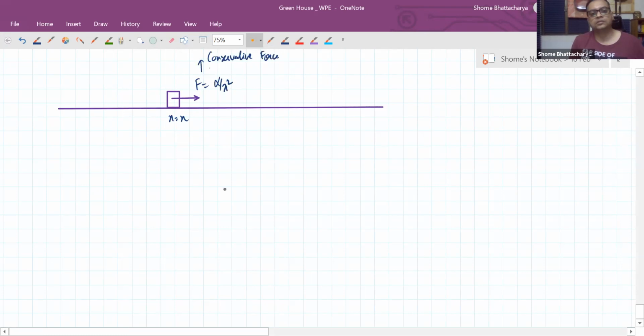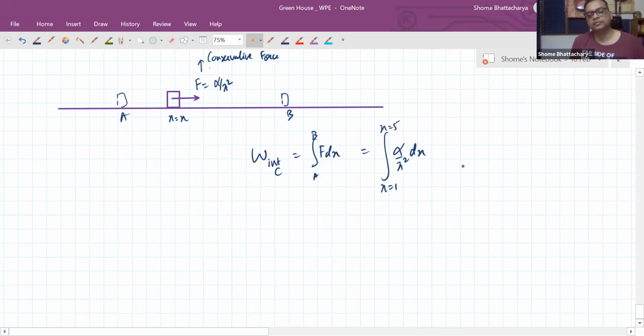So when this moves from some position A to some position B, the work done by the internal conservative force is alpha by x squared dx from x equal to 1 to x equal to 5. So it is minus alpha by x from x equal to 1 to 5. So it is alpha into 1 minus 1 by 5.